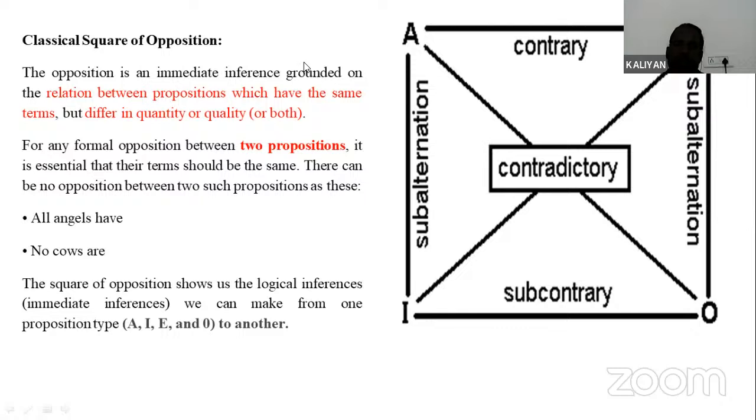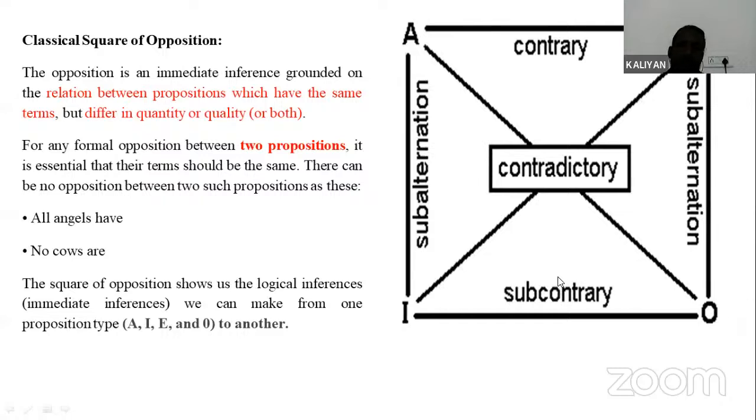Here A denotes universal affirmative, positive, and E is universal negative. I is particular positive. O is particular negative.